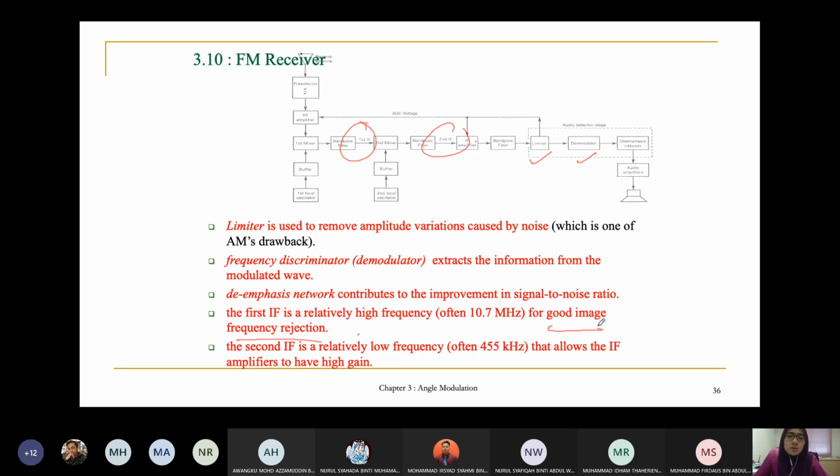You learned this in chapter 3 part 1, if I'm not mistaken. The second intermediate frequency consists of a low frequency, to allow the amplifiers to have high gain and also to improve the system stability.